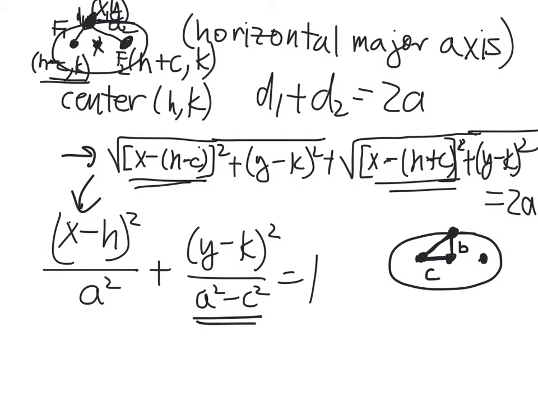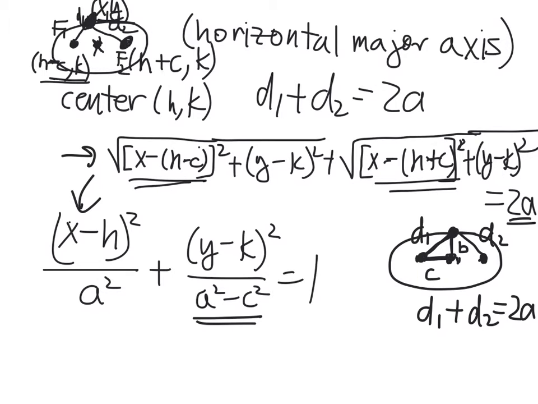To know what that's going to represent, we have to go back to the definition and how we came up with the representation. We said d1 plus d2 equals 2a. If we go directly above the center, we're really saying d1 and d2 turn out to be the same length.